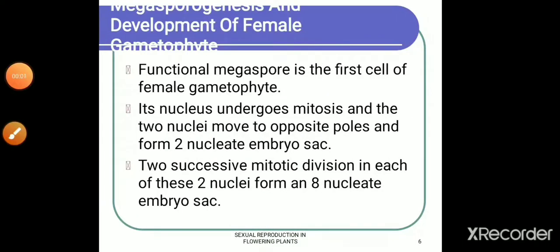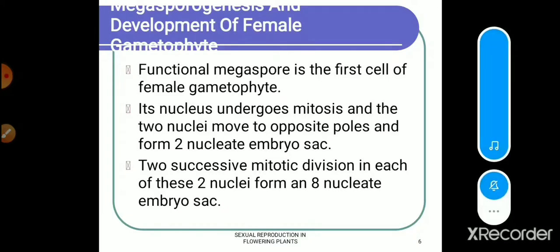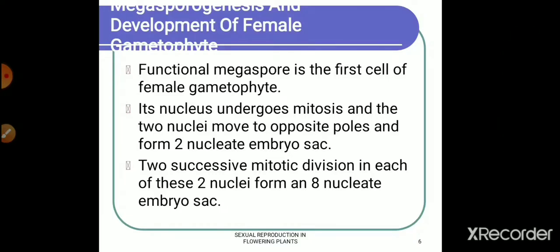Now, come to the main topic of today's lesson, that is, megasporogenesis and development of the female gametophyte. First of all, what is megasporogenesis? The process of formation of megaspores from the megaspore mother cell is called megasporogenesis.